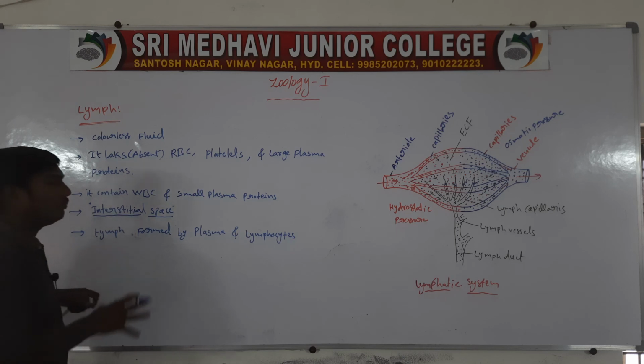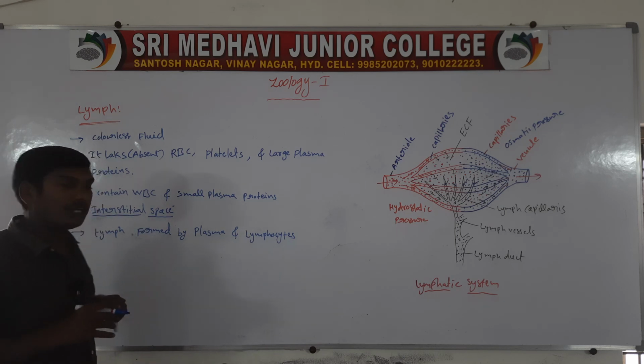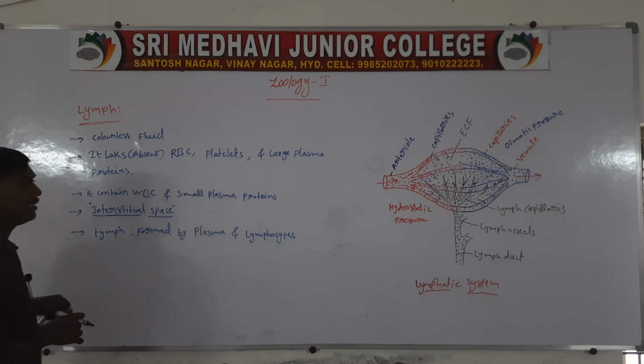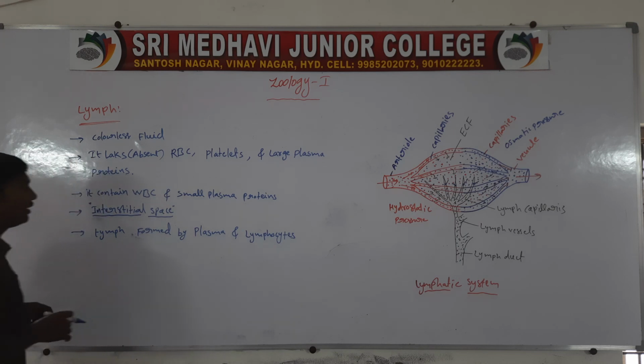So the lymph contains plasma. Lymphocytes means the lymph cells: plasma and lymphocytes.